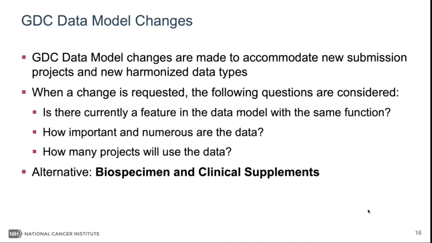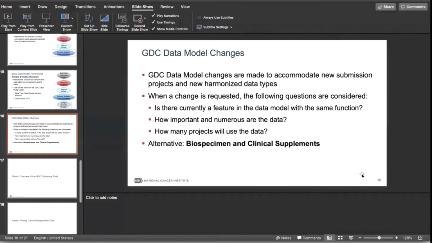So any type of clinical attributes, any type of biospecimen attribute, it doesn't matter if it's in the GDC data model or not, they can be put into these clinical supplements so they won't be withheld from external users. That's all I have to say about that. I will turn it over to Tara for some more talk on clinical entities.